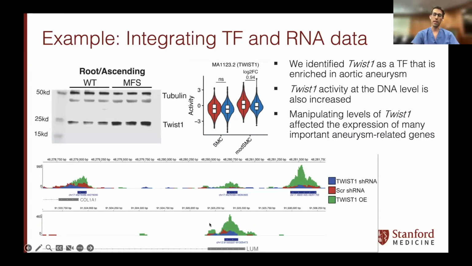So the idea is that we can now start to regulate multiple processes, multiple genes, instead of just one at a time, to hopefully affect the natural progression of aneurysm formation and identify targets for therapeutics.